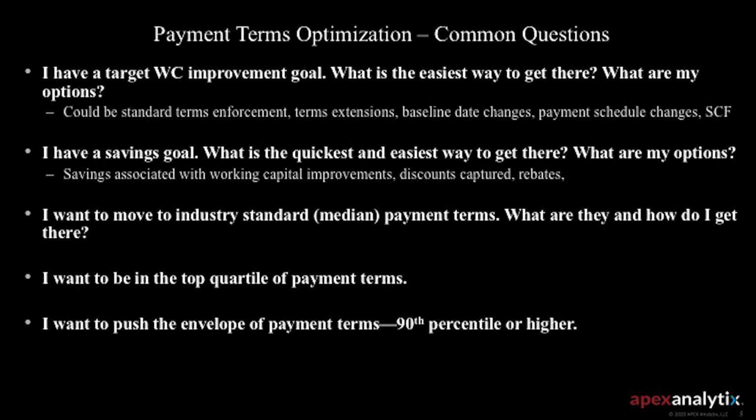Sometimes they want to move to the top. They want the most aggressive terms in their industry or just want to be in the top quartile. And then some just want to squeeze all the working capital they can out of their supplier base. And in all of these cases, they're trying to think of ways to do this with creating the least amount of conflict that Alfonso was talking about on the previous slides.